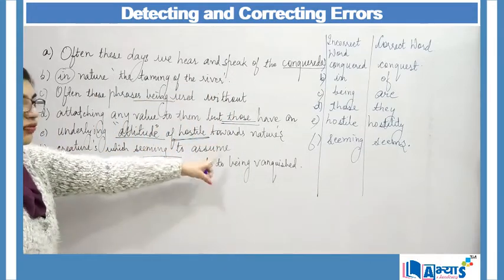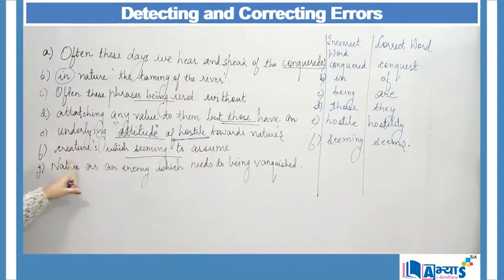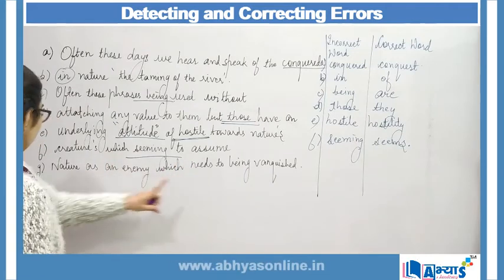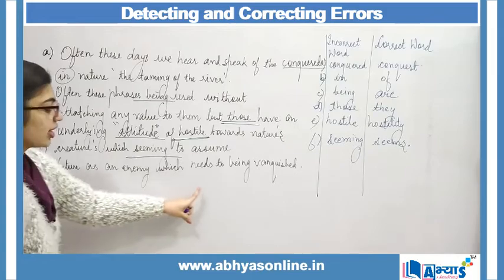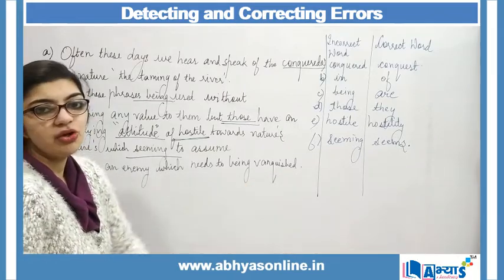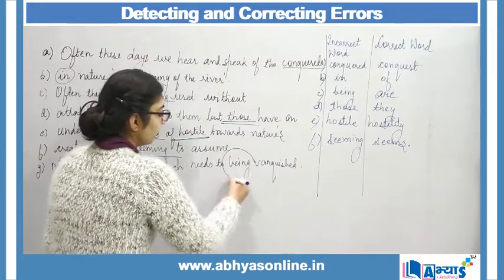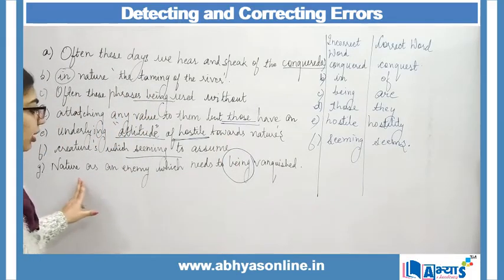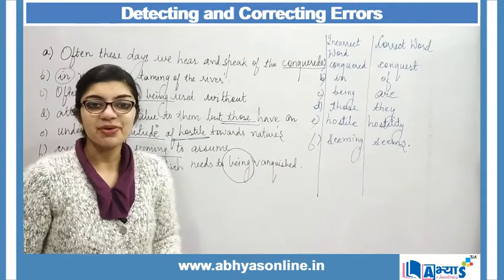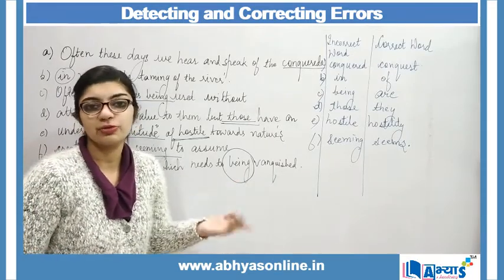So the attitude of hostility towards nature's creatures, which seems to assume nature as an enemy which needs to being vanquished. Again, being over here is wrong. Why? Because I am talking about the present, and this is talking about future.